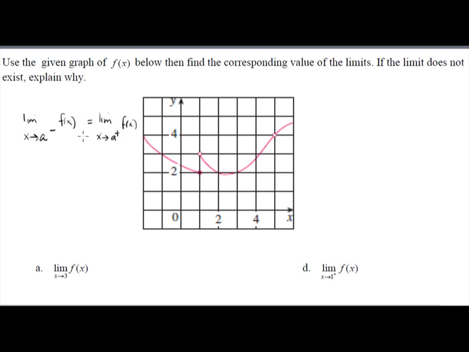Now if these two are the same, then that's the only time that the limit as x approaches a number can be identified. Actually, whatever the limit as x approaches a from the left and whatever the limit as x approaches a from the right of the function, when they are the same, that will be the value of the limit. Okay, so keep that in mind.